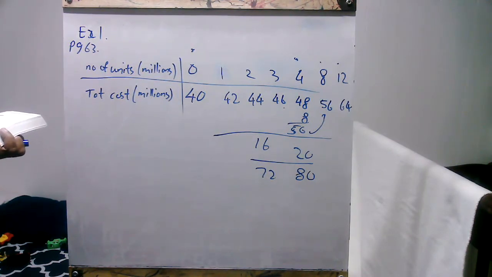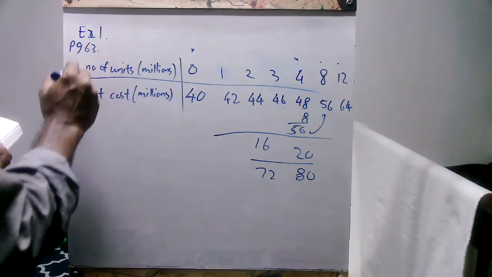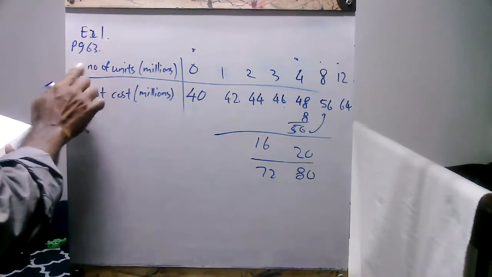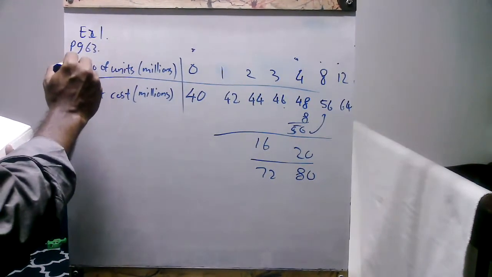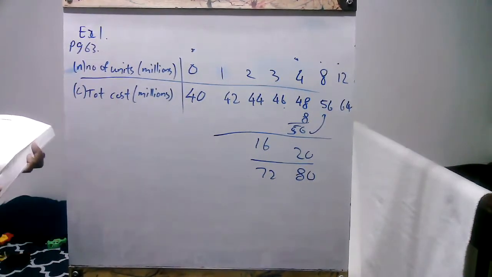Make a table showing the relationship between the number of million units produced N and the cost C. This is N and this is C. Okay. To produce the number of million units. Okay. So this is the table.